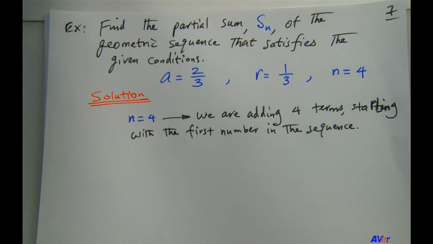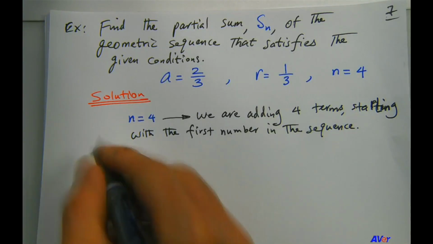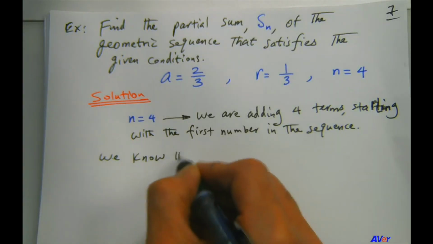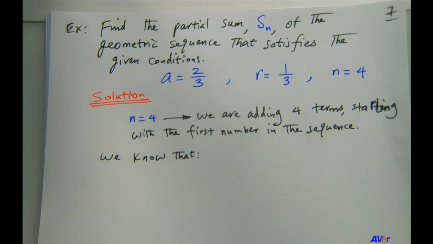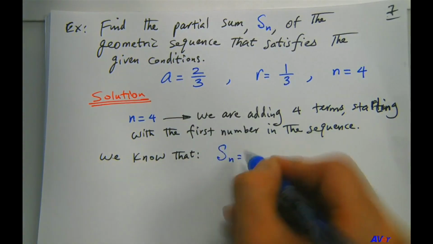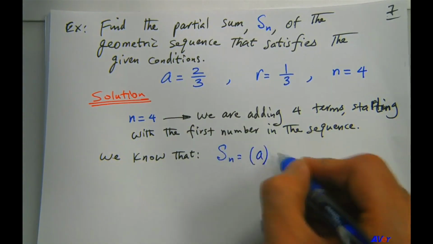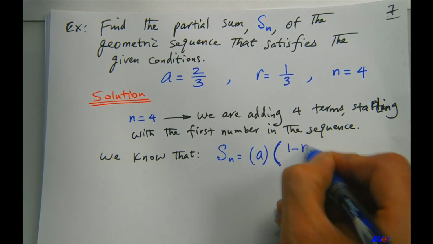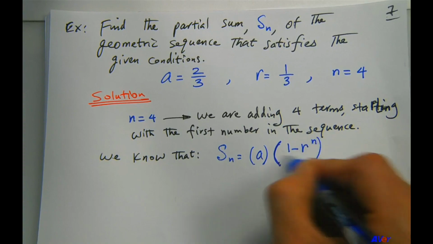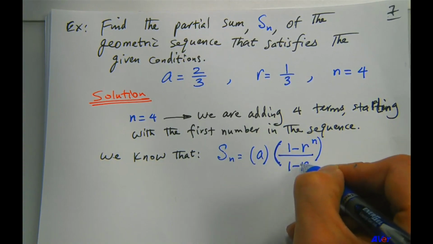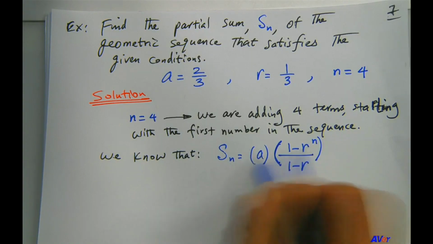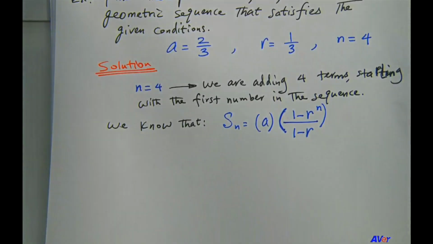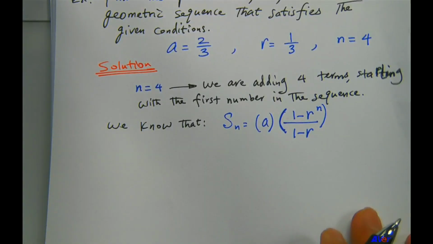So we know that the partial sum formula is S sub n is equal to a times 1 minus r to the n power divided by 1 minus r, right? And a gets multiplied by the numerator. So let's plug in with the information we have.